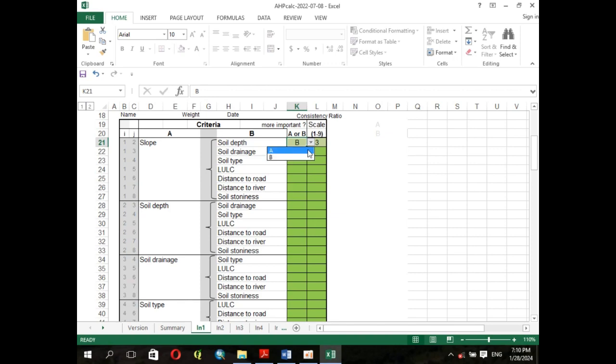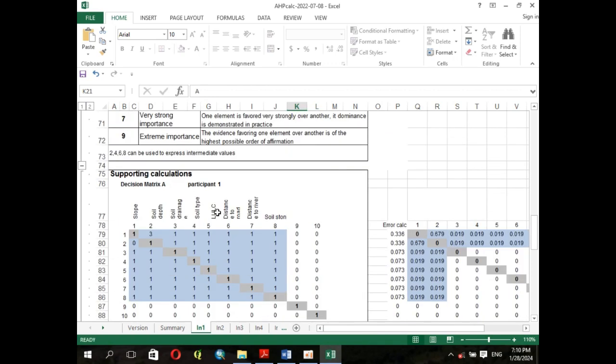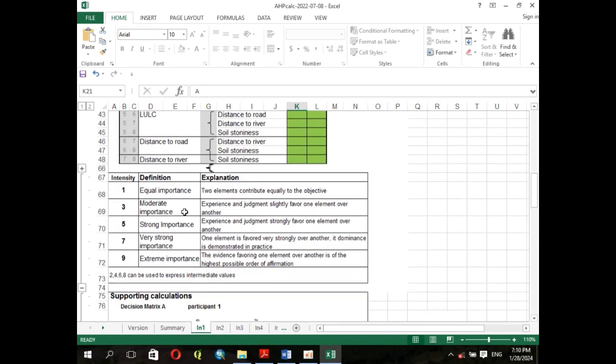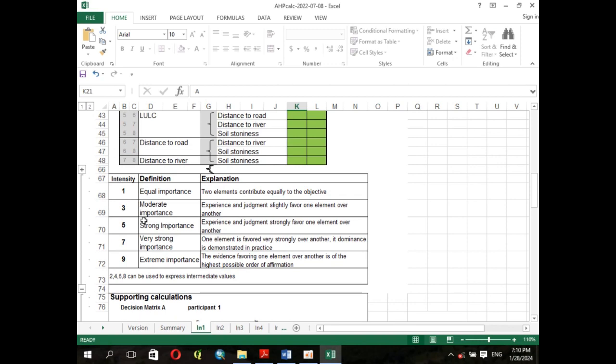Okay, so in such a way you should provide those scales. 1 means equal importance, 3 means moderate importance, 5 means strong importance, 7 means very strong importance, and 9 is extreme importance. But those even numbers 2, 4, 6, and 8 can be used to express intermediate values.